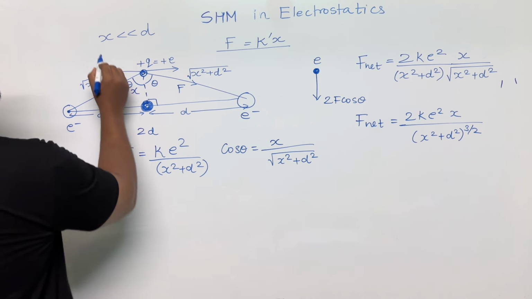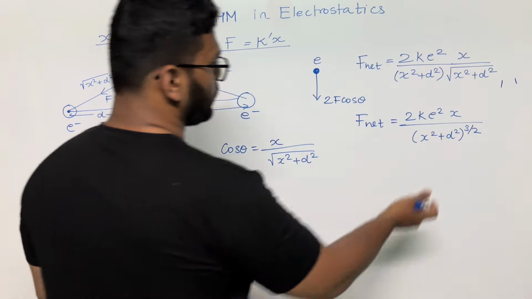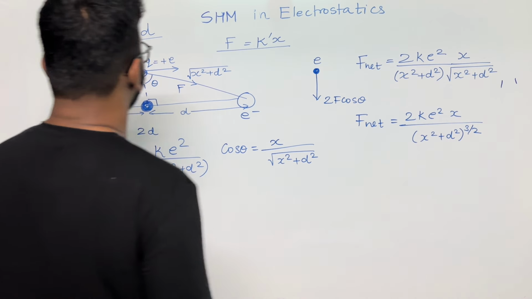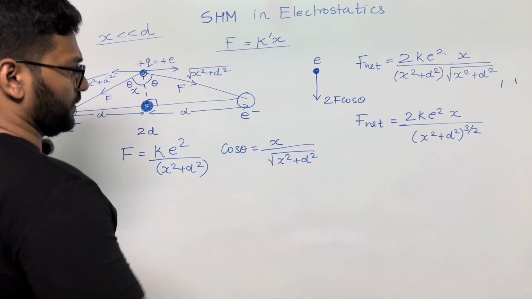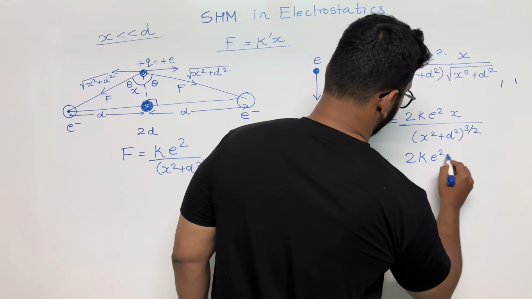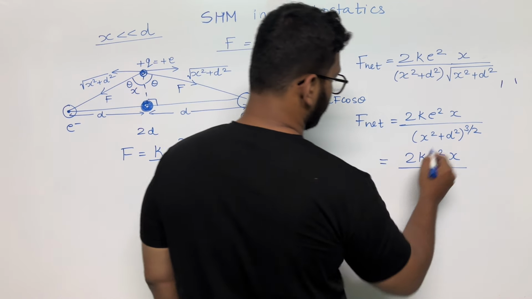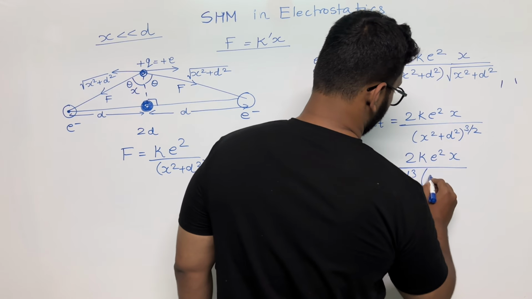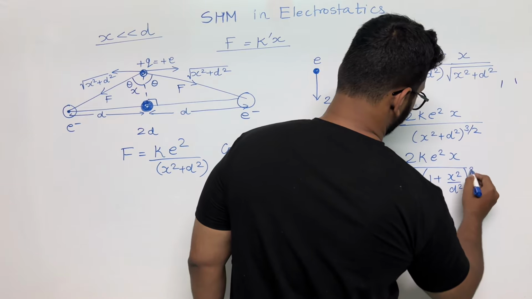Now the thing is, x is very less than d. So I can take d outside, so it will be 2k e square x upon d cube into 1 plus x square by d square to the power 3 by 2.